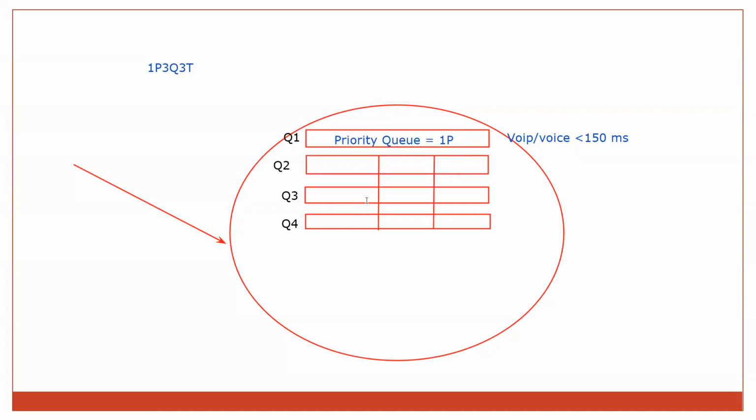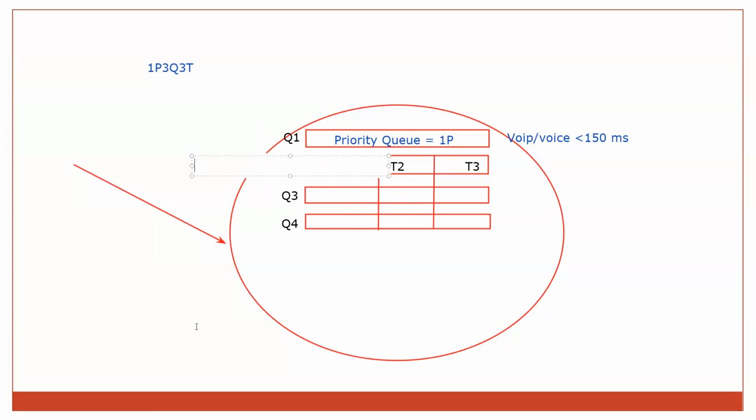So you can think of this as Q2 T1, then T2, and then T3. Threshold levels 1, 2, and 3, right? So Q2 T1, Q2 T2, Q2 T3, Q3 T1, T2, T3, Q4 T1, T2, T3.